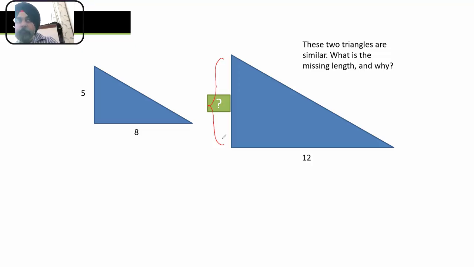So let me mark this triangle as A, B, C and this as P, Q, R. In this case, AB upon PQ should have the same ratio as BC upon QR.